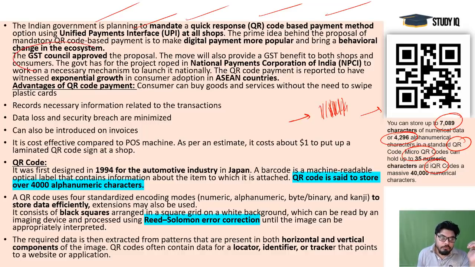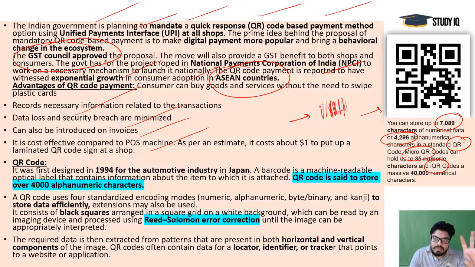GST Council has given approval for this, and QR payment is reported to have witnessed exponential growth in consumer adoption in ASEAN countries. So there they are using it heavily. These are the advantages of it, and for invoices, data loss, and security breaches, all these things can be managed with it.